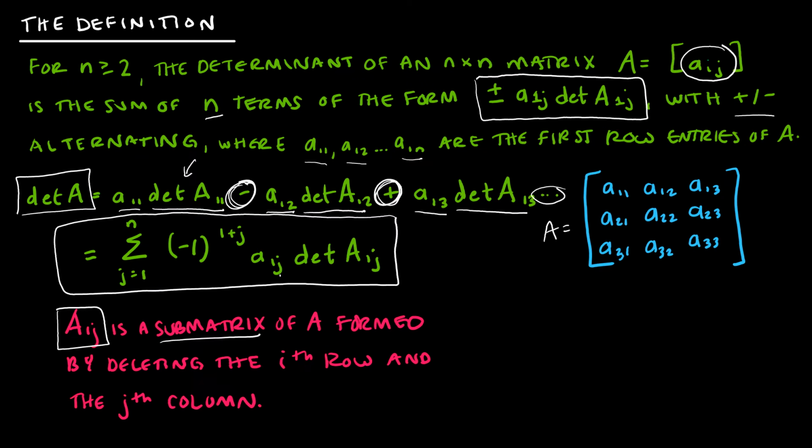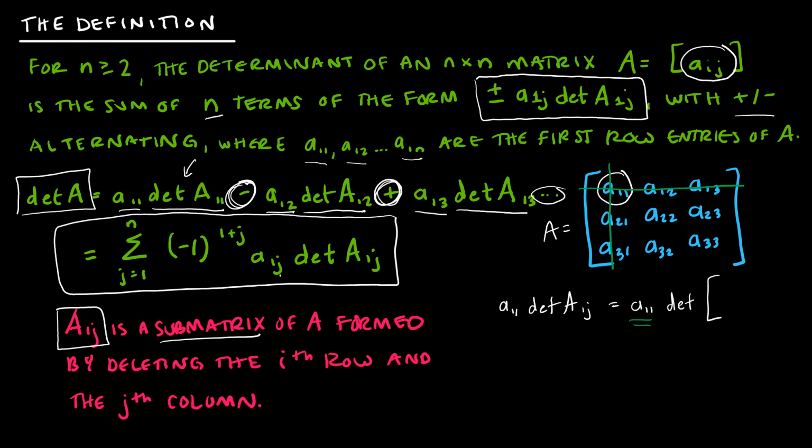So let me show you. If I were looking at A11, here's how I would find the determinant of A11. A11 is this entry right here. A11 is found by taking away the row and the column that A11 is in.